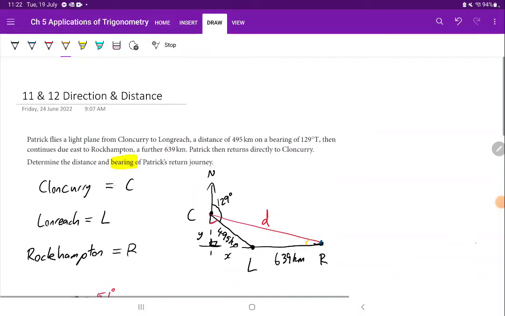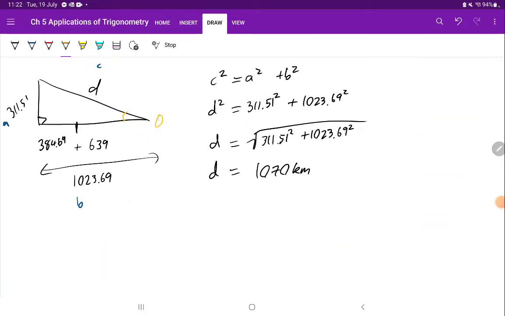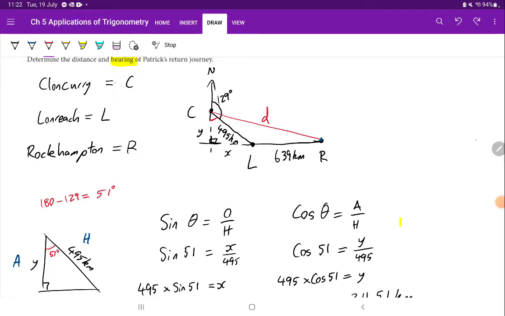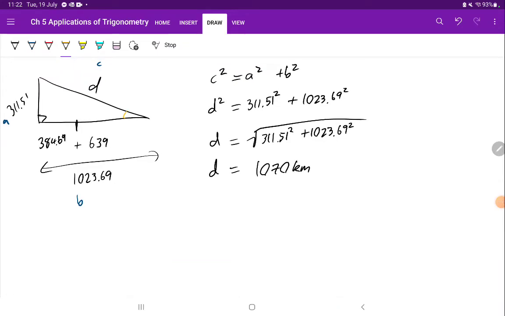So if we label this one theta, now we could use any of our trig functions, because we now know A, B, and C. We know all of the sides of the triangle. However, to find theta, I'm going to be using the opposite and the adjacent.